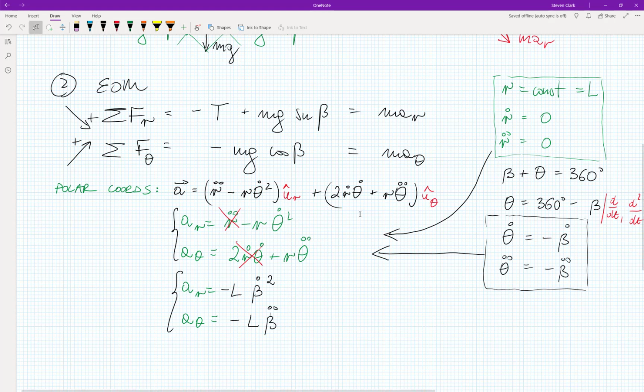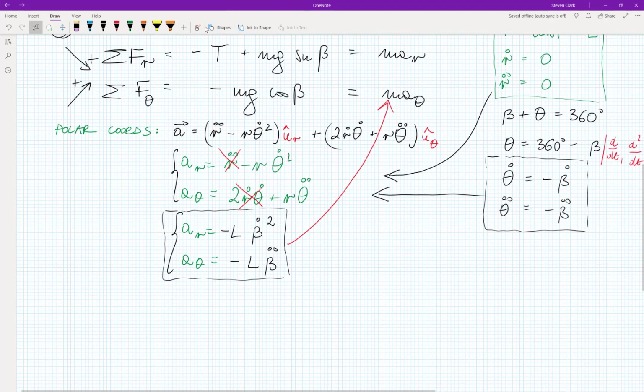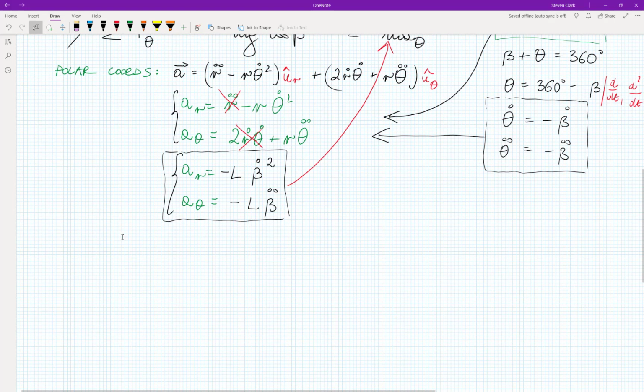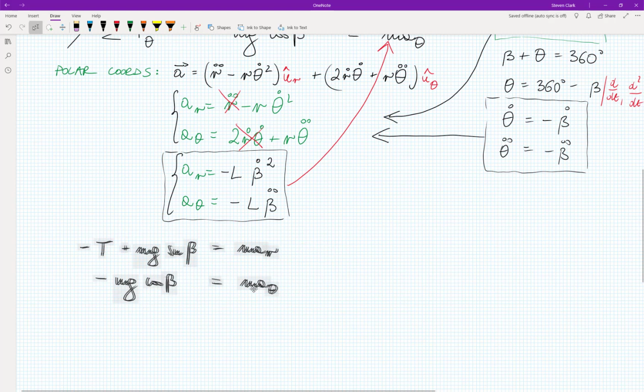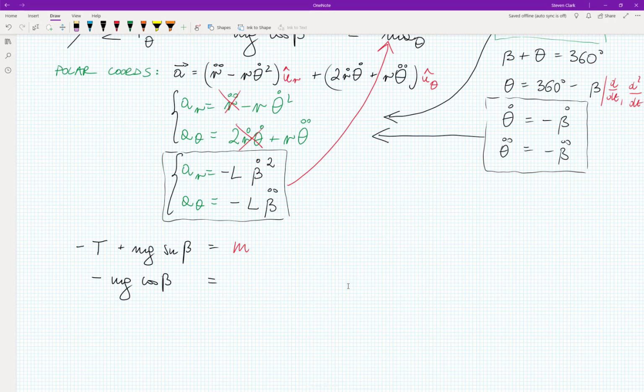Okay, so now let's plug these values there. I mean these values here. Okay, so what we will have here? We'll have these two expressions.